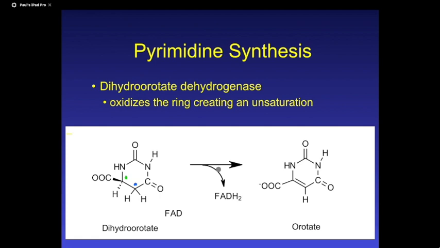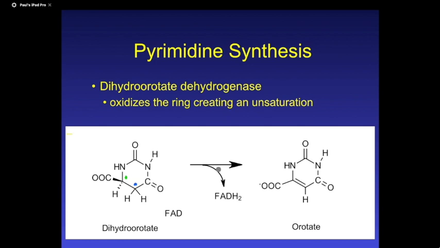Which is more likely the one to be deprotonated, blue or green? I know it's 50-50. Green, blue. Okay, so green or blue really doesn't matter to me.